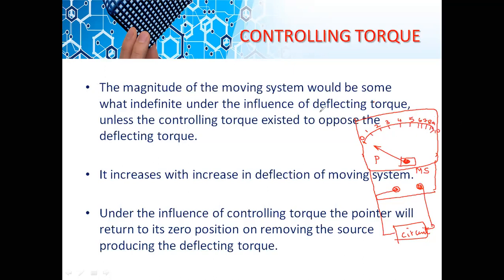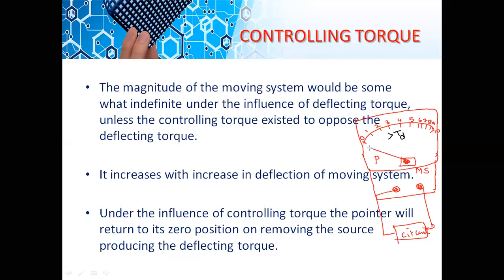Now when the deflecting torque is applied, the pointer will start moving in this direction. This is because of deflecting torque. The pointer will show some deflection. That means your pointer will change its position from 0 to some value.